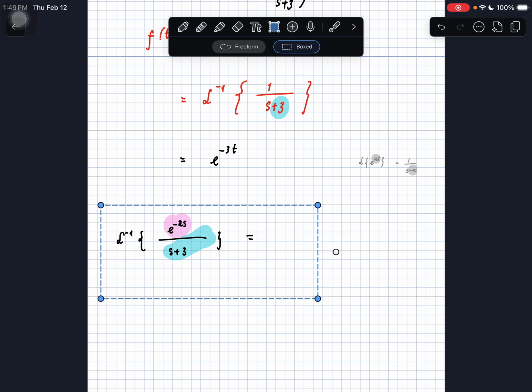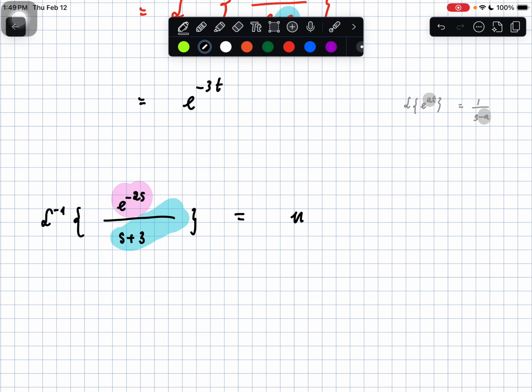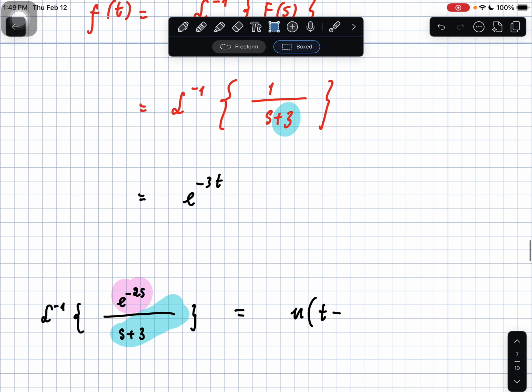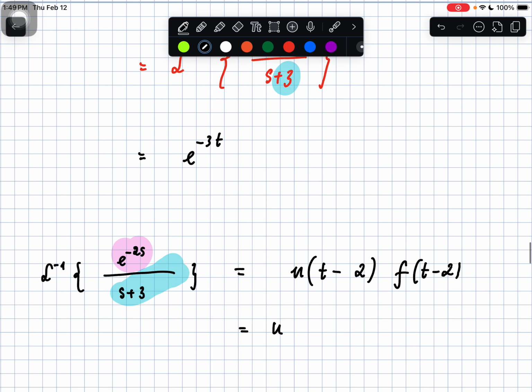So the inverse transform of this one is the unit step function u(t minus 2) times f(t minus 2), which is u(t minus 2) times e to the minus 3(t minus 2).